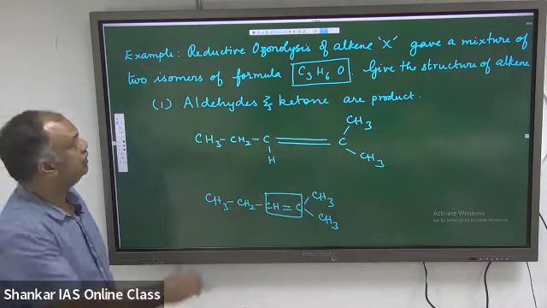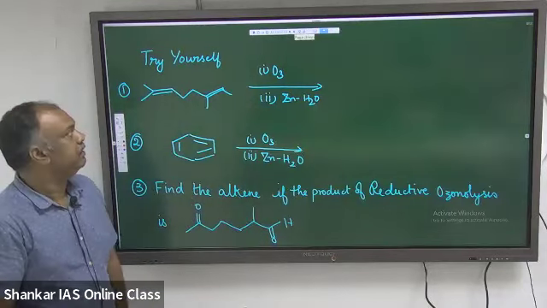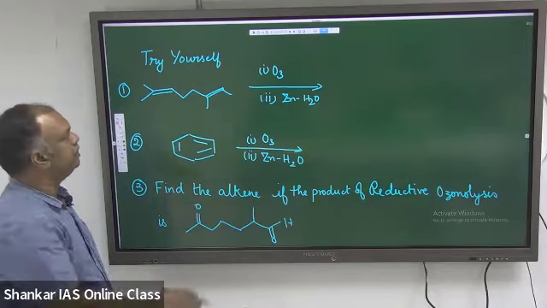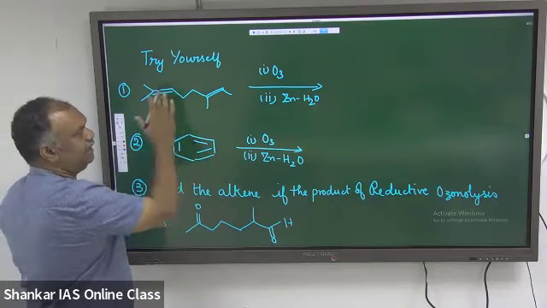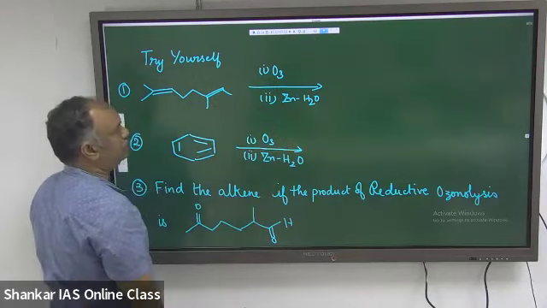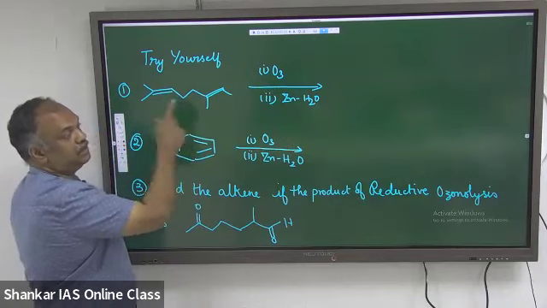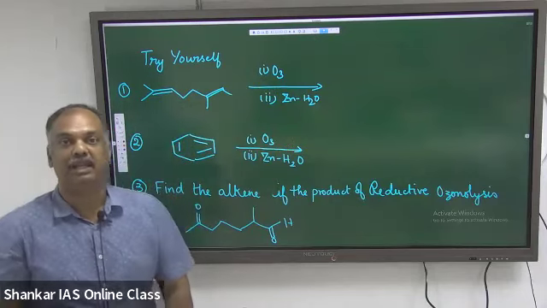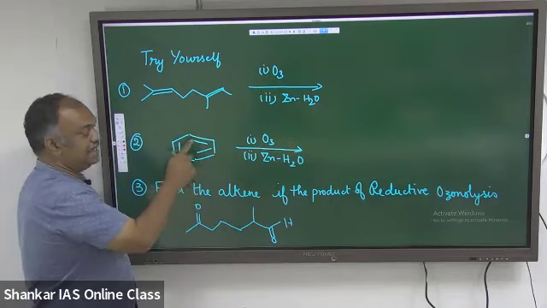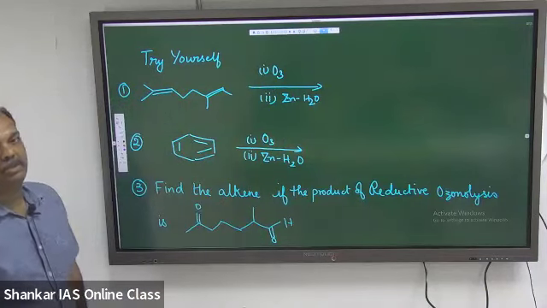Moving on, I want you aspirants to try these problems on your own. First one, I've given an alkene and I am subjecting it to reductive ozonolysis. The twist here is I have 2 alkenes, whereas the examples I have shown have only 1 alkene. Another example is benzene. Benzene has 3 alkenes and you are subjecting benzene to reductive ozonolysis.